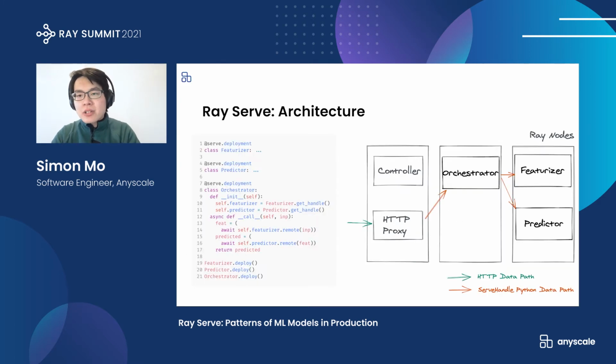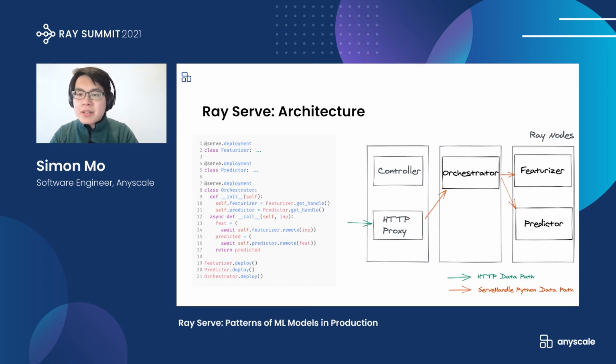When the serve handle is introduced, when we have multiple deployments, the serve handle can call each other. You can see it in the architecture on the right. When the orchestrator calls the featurizer with the input, it's just a simple Python actor call. This is now arbitrary composition with models in Serve.